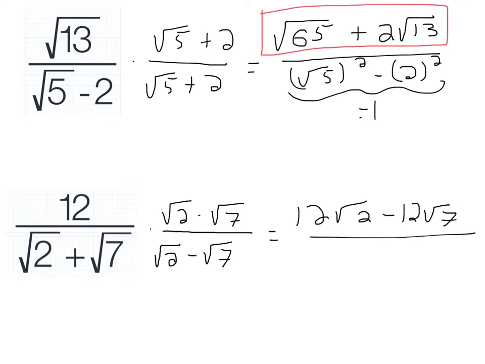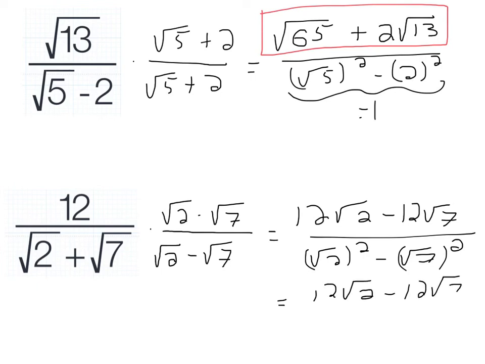All over, I've got the square root of 2 squared minus the square root of 7 squared. And when I do this, I get 12 square root of 2 minus 12 square root of 7 all over 2 minus 7, because the square root and the square root cancel out, and that gives me negative 5.